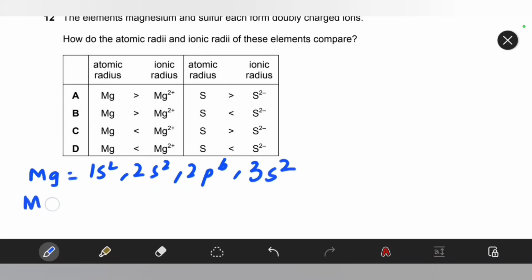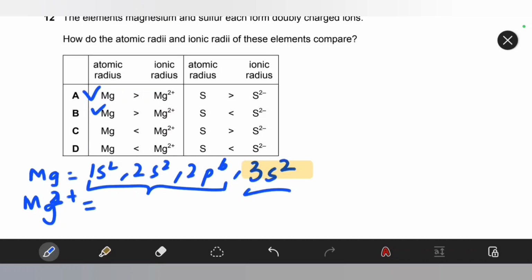Now in the magnesium ion, which is 2+, meaning 2 electrons are given out, the electronic configuration will just be this. Since it has 2 fewer electrons, the magnesium ion's radius is lesser than the magnesium atom's radius. These both seem to be right.